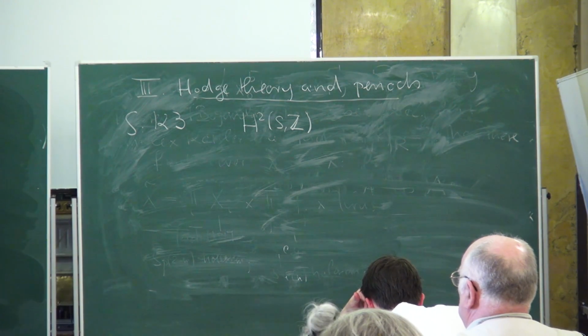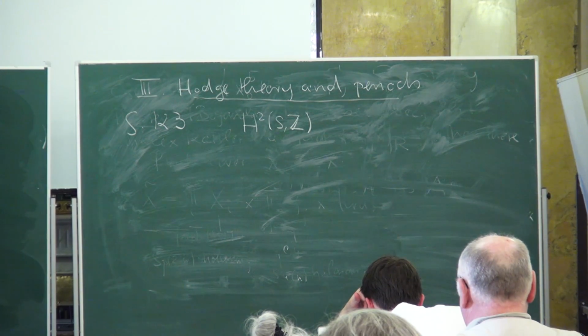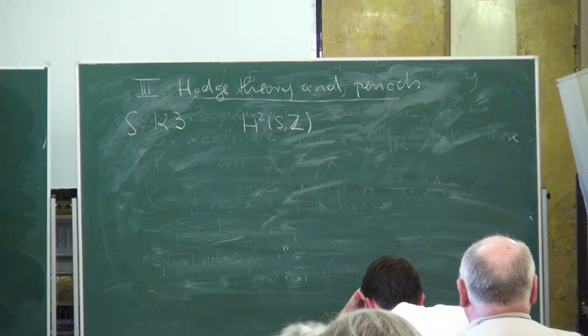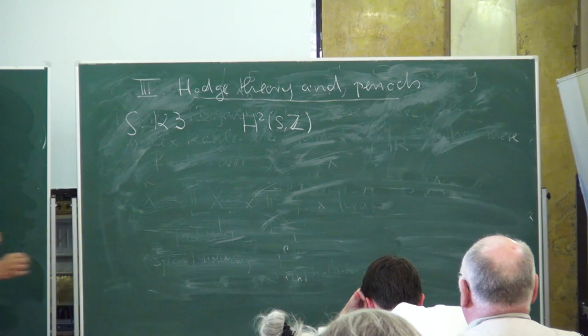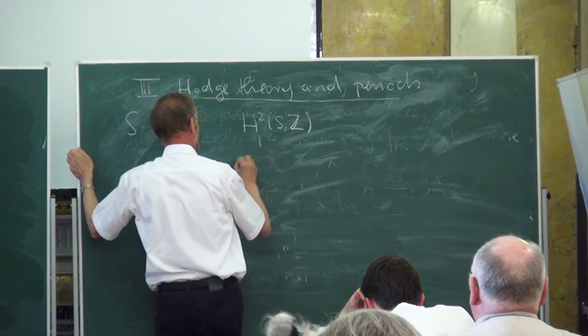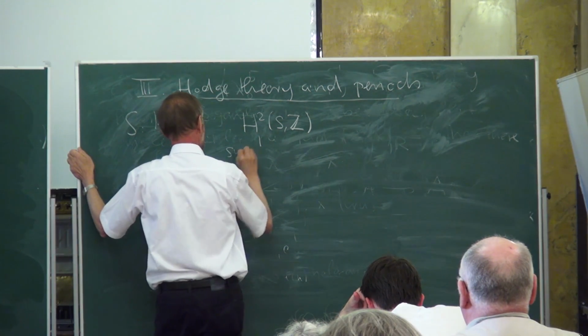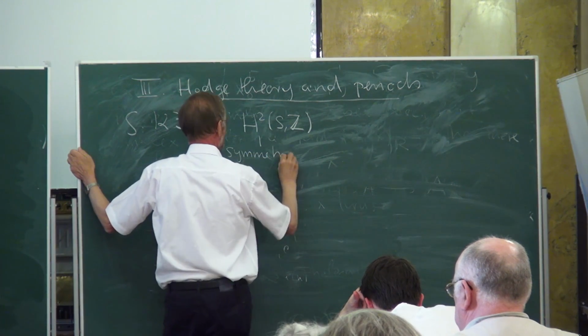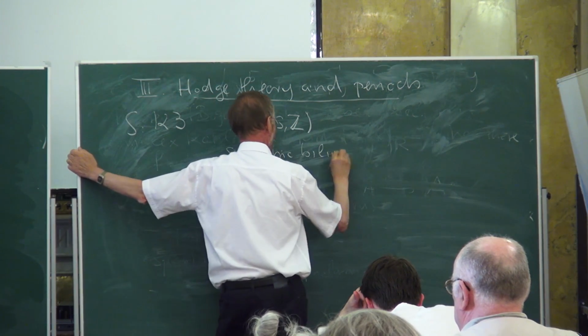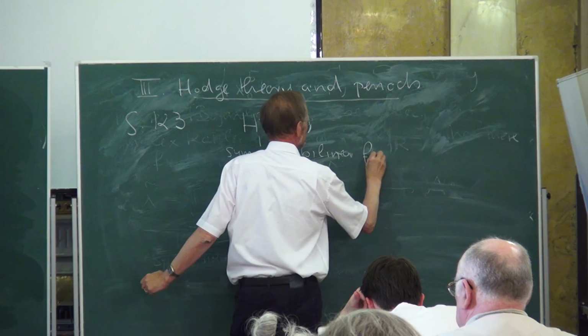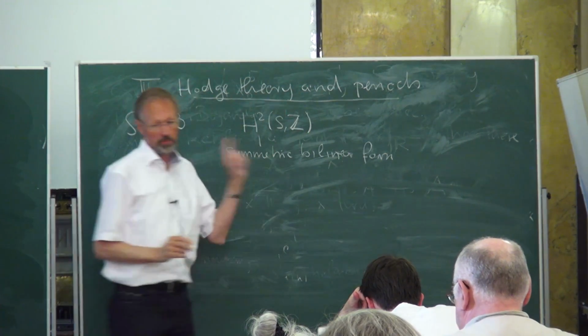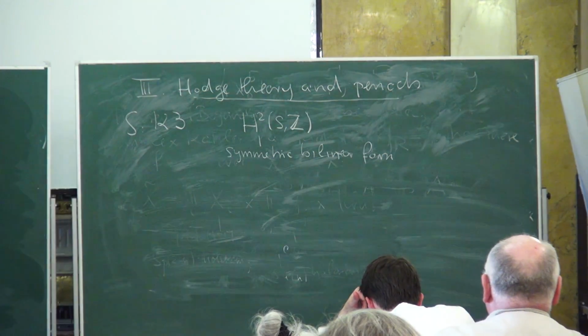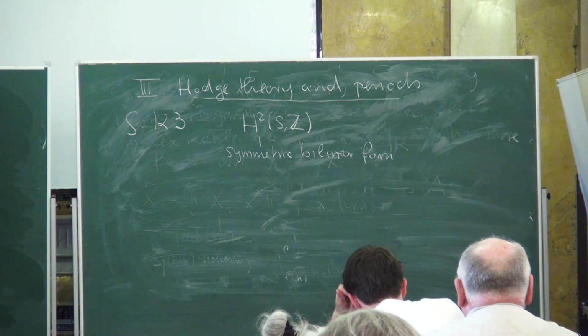So you can take two of these classes, take the cup product, you land in H4, which is H0, which is Z. So the cup product defines on that a symmetric bilinear form. So we say that the cup product equips that H2 with the structure of a lattice.